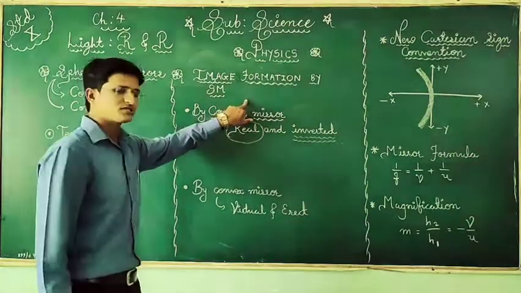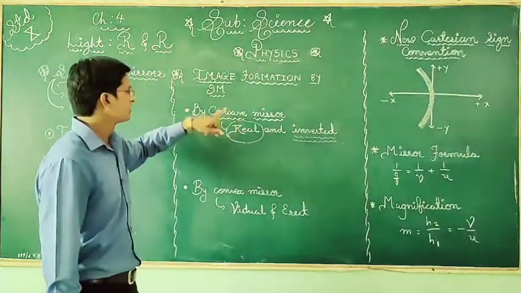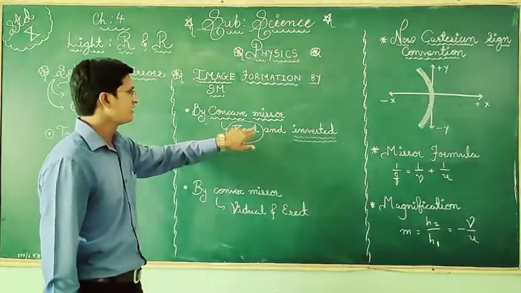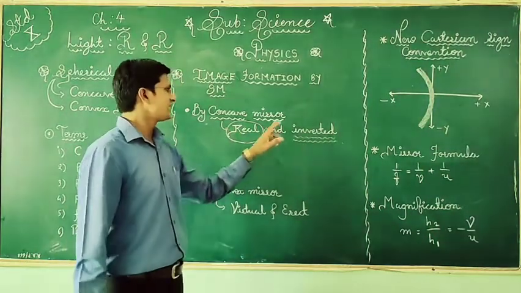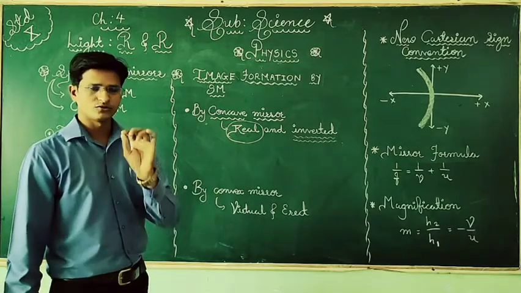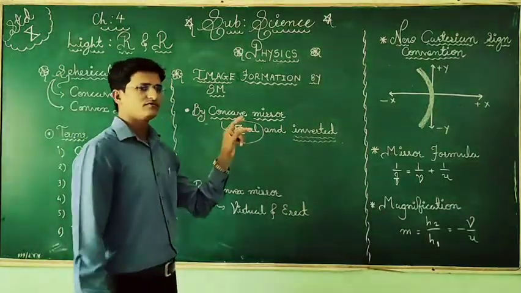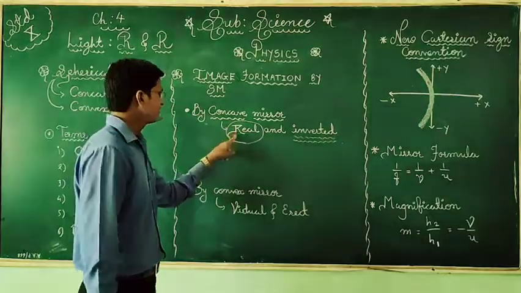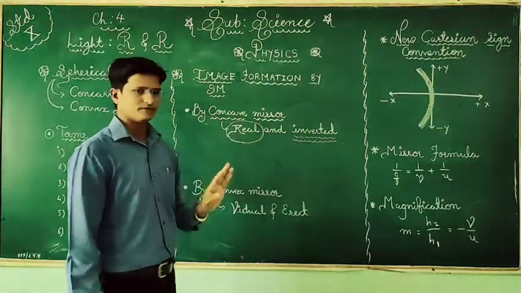So the first concept of image formation in a concave mirror is that a real image is formed and it is inverted. The definition itself indicates that the real image will form on the screen, but it will be inverted. So a real and inverted image will be formed by the concave mirror.